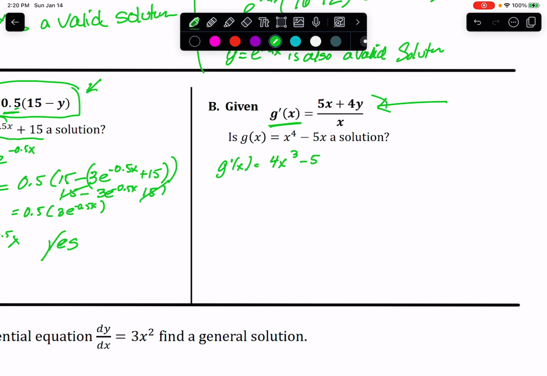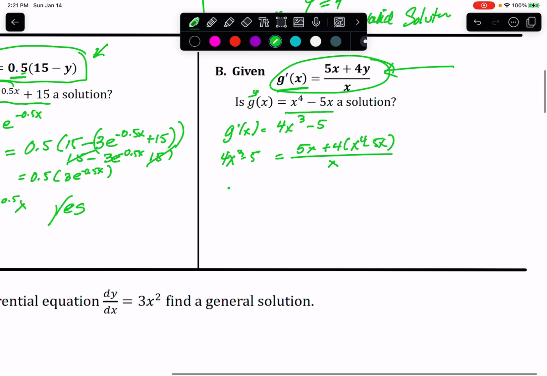So then we're going to put it into this, is 4x cubed minus 5 equal to 5x plus 4, and in this case, y is x to the 4th. This is like y, right? X to the 4th, so minus 4, x to the 4th minus 5x over x, which is just x.